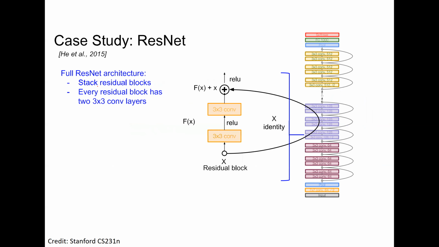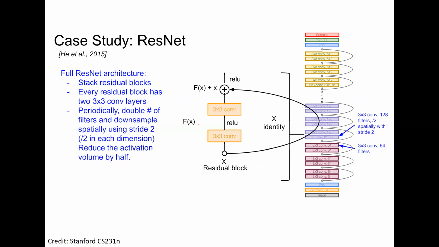And the full ResNet architecture looks like this. It stacks residual blocks, and every residual block has two 3x3 convolution layers. And periodically, it doubles the number of filters. So here we have 64 filters, then 128 filters, and 512 filters, and downsamples spatially.